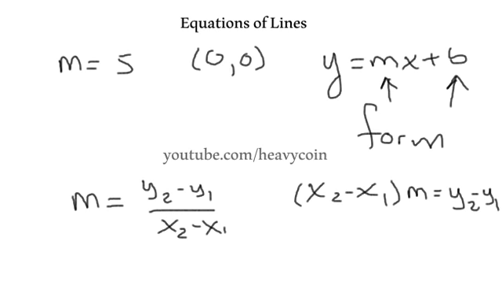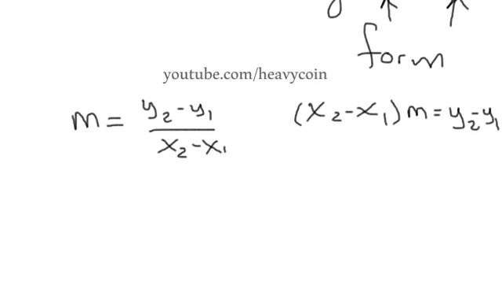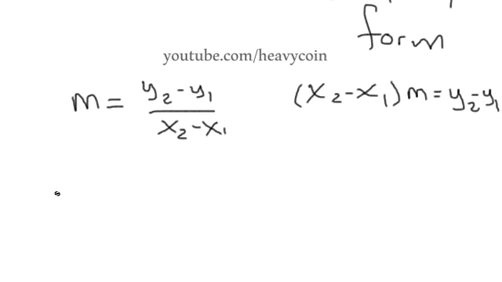But usually we do something to this. Now I'm going to rewrite this back in this form here. This y2 right here, I'm going to just write a y, minus the y1, is equal to x minus x1 times m.